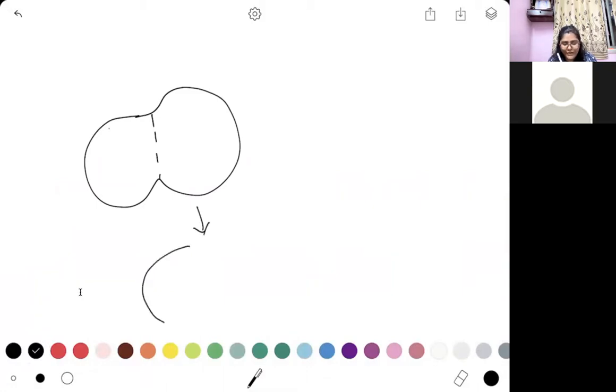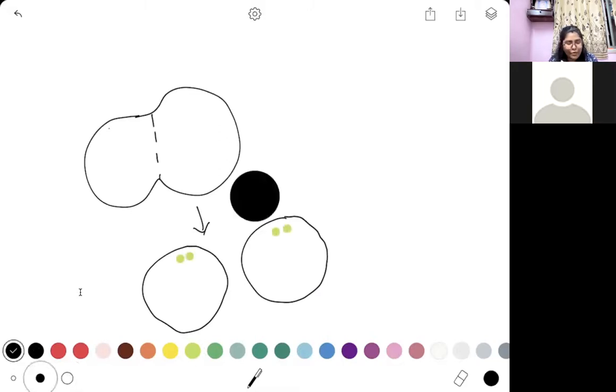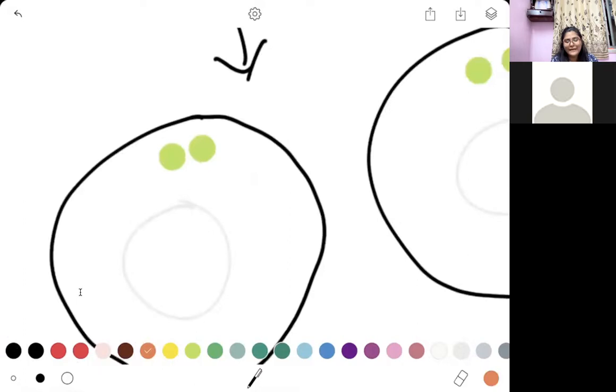Okay, and what you are going to observe is that you have these 2 new cells that are going to be formed. Your centrosomes are also going to be duplicated. There are again going to be two centrosomes present. Your DNA is going to be encapsulated in your nuclear membrane.